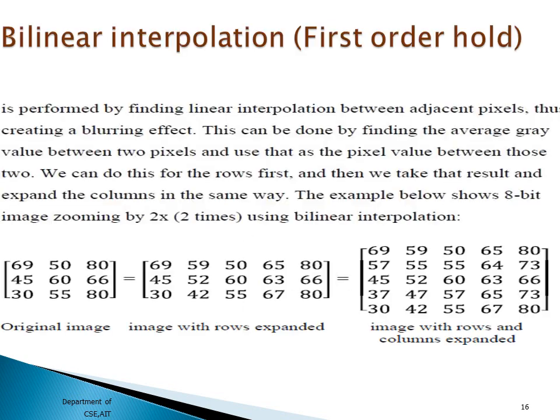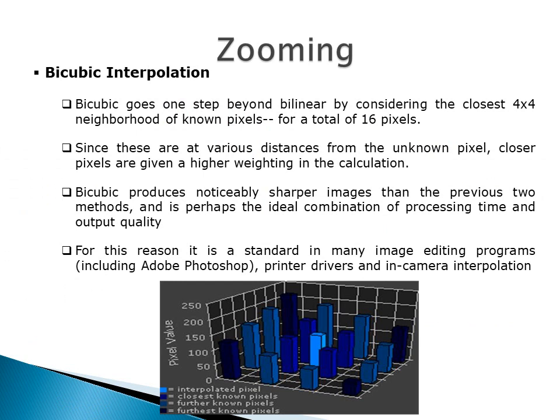Compared to nearest neighbor, this particular method, bicubic interpolation, when you zoom by using it, is far better. How is it better? We are going to consider the neighborhood of the known pixels, and then consider what will be my middle pixel, which are my nearest 16 pixels.